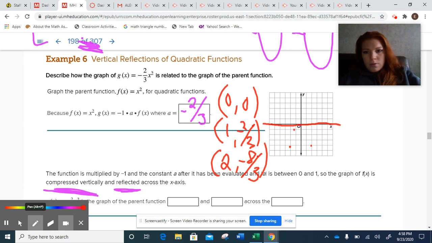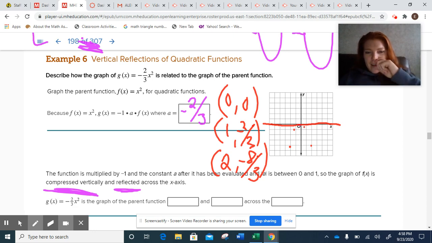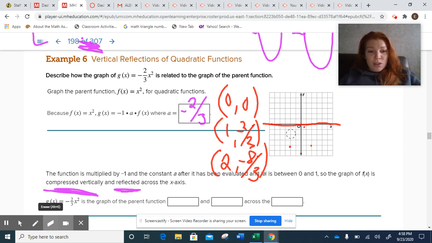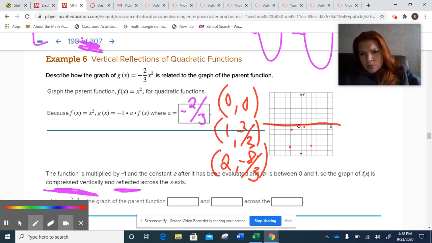Well, we'll just do our best. 1 and -2/3. I'm close enough. And then I'm gonna go ahead and copy the same point on the other side. -1 and -2/3. Oh, I missed. This is so hard. The graph is so small. Okay, that's close enough.